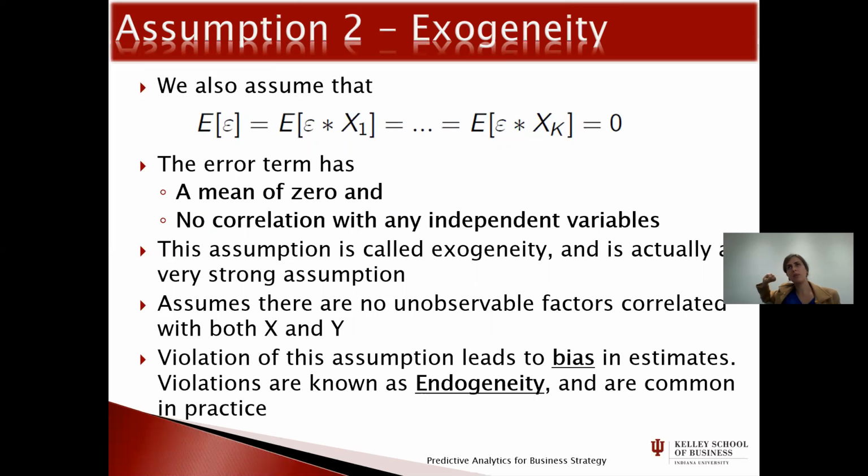Let's think about our model, right? We had customer rating, income, age, education, other things, marital status, and then we have an error term. So exogeneity is going to break down if we are able to think about something that is sitting in this error term that is correlated with income, for instance, right?